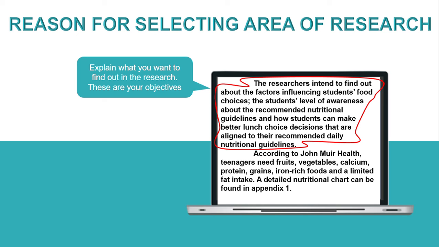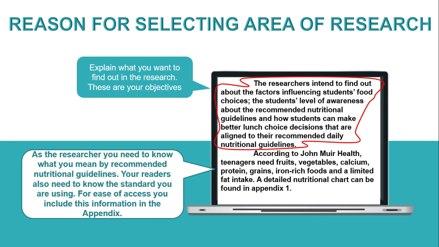And then we move on to saying, according to John Muir Health, teenagers need fruits, vegetables, calcium, protein, grains, iron-rich foods, and a limited fat intake. A detailed nutritional chart can be found in the Appendix 1. So why have you put this here?